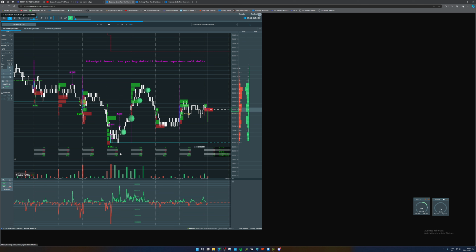Look over here, minimum delta was minus 375. What does it mean? Price was falling very aggressively and sellers reached the bottom. And from that bottom, look what happened. Huge buyers came in this area.